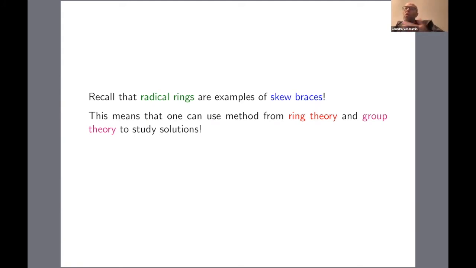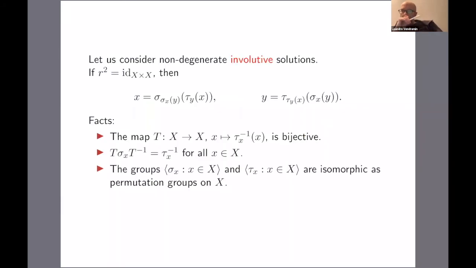But on the other hand, skew braces are some sort of generalization of groups, right? So again, you can use ideas from groups to study solutions. And this is what we want to do. So let's concentrate on involutive solutions because it will be easier.